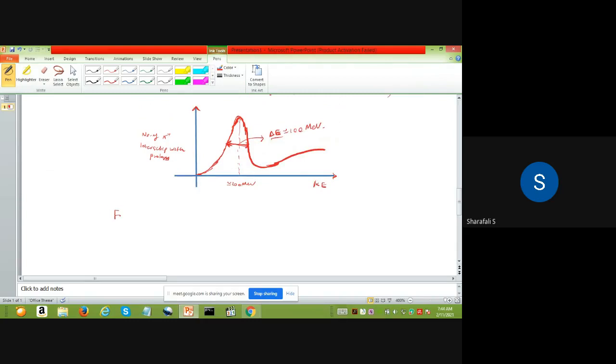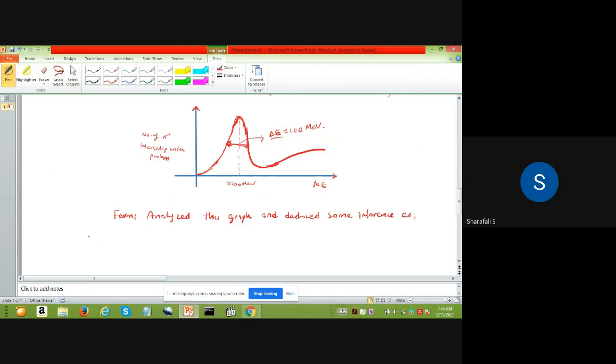Enrico Fermi analyzed this graph, or this plot, and deduced some inference.